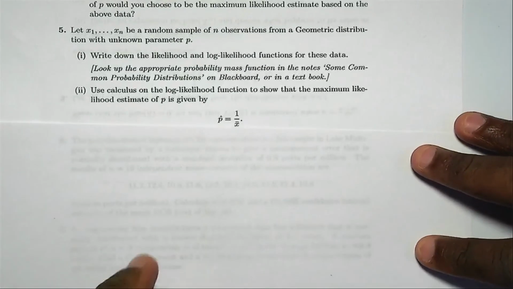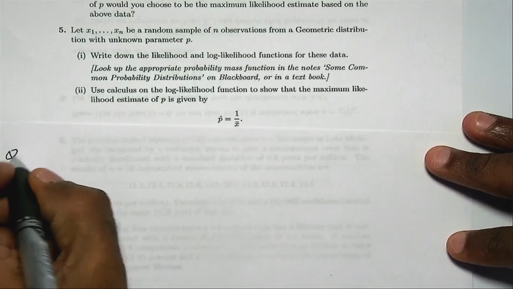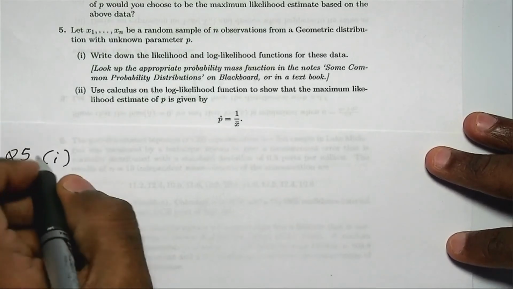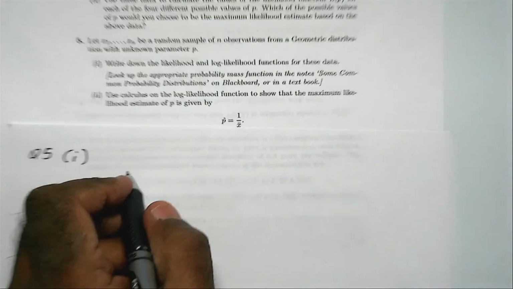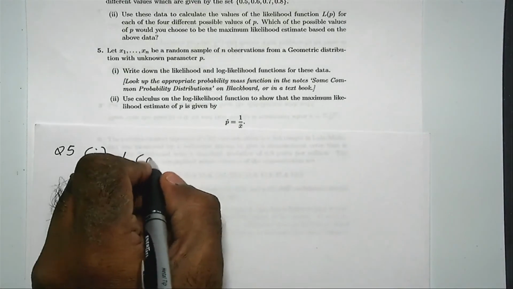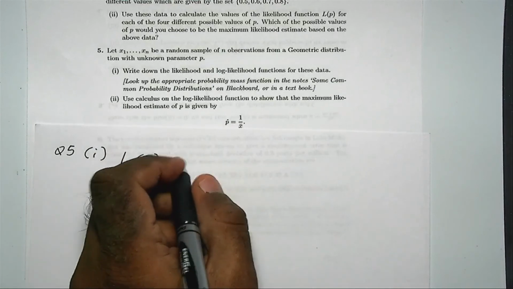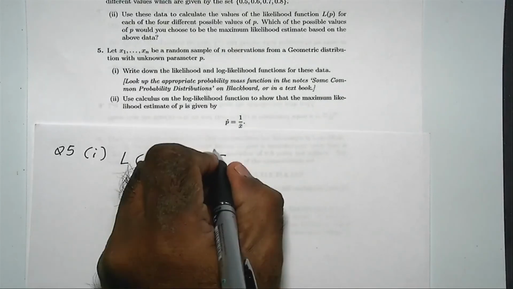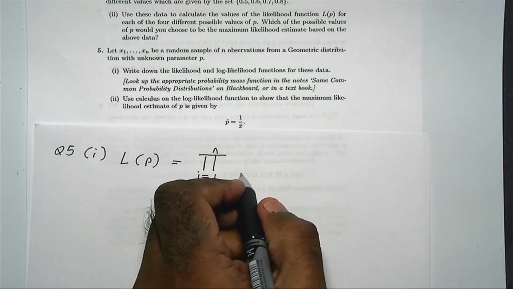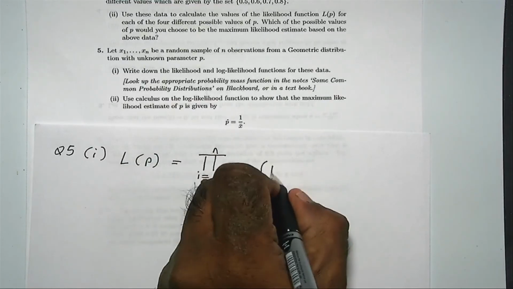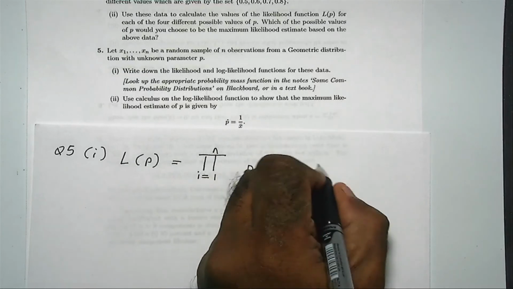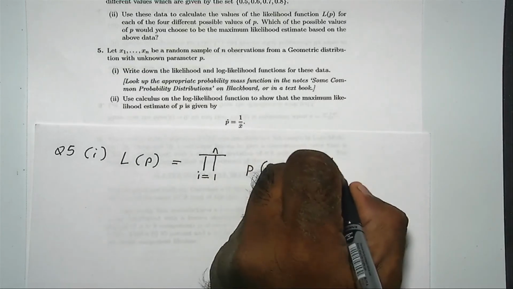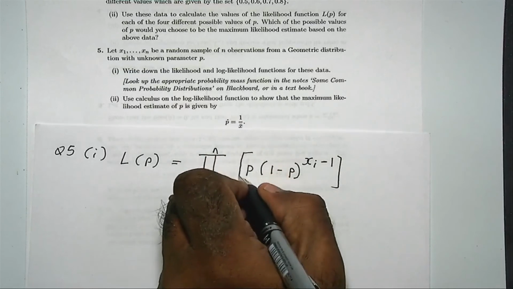Okay. So this is question 5, part 1. We want to find the likelihood function for p when you have a random sample from a geometric distribution. Remember, the probability mass function for a geometric is this.